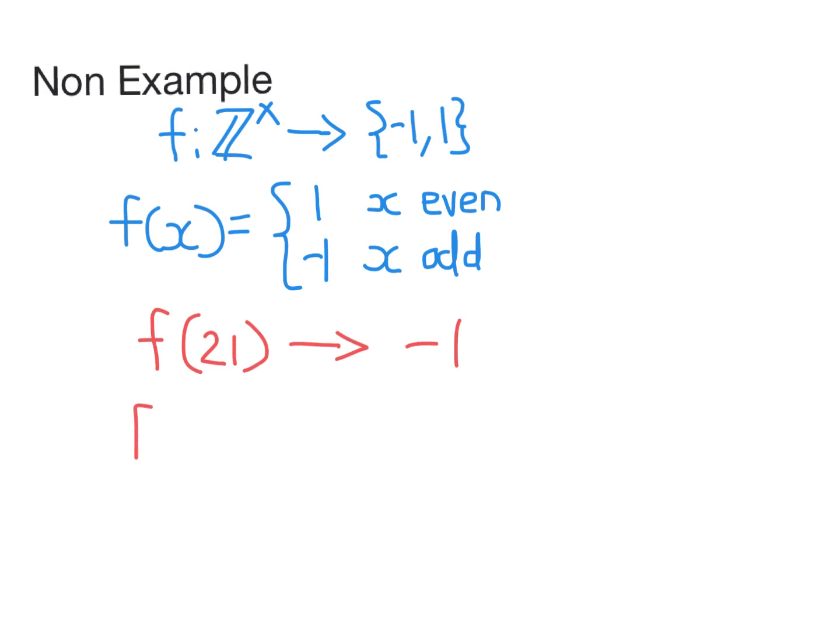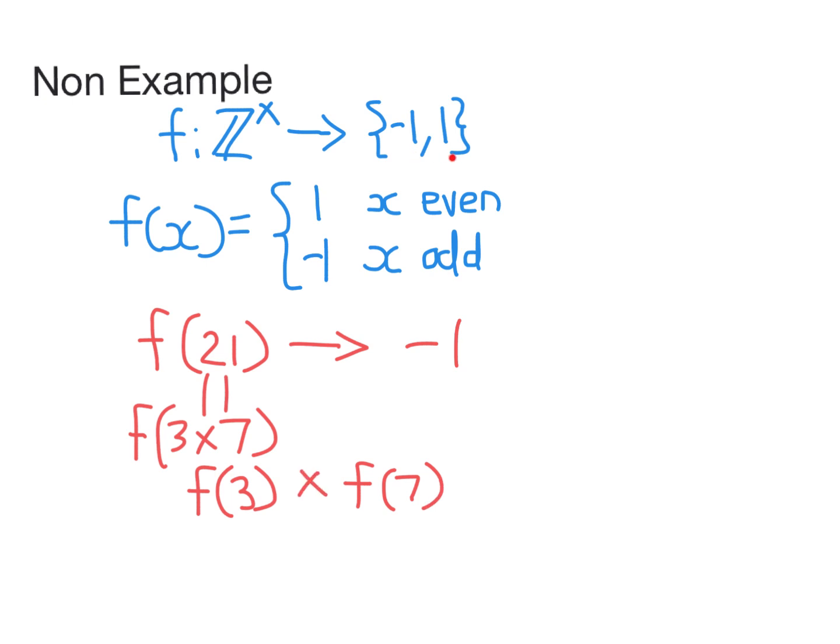But we know that 21 is, of course, 3 by 7. So f of 3 by 7 is the same as f of 21. But if I were to map these individually, so let's map 3 and let's map 7 and see what would happen when we combine them in this set here.